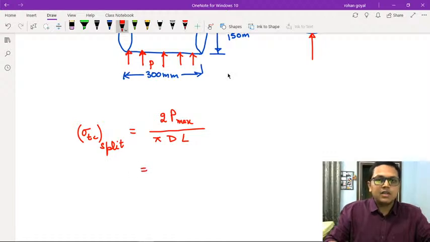So we are given all the values in the question. Straightforward, you just need to remember this formula in order to solve this question.